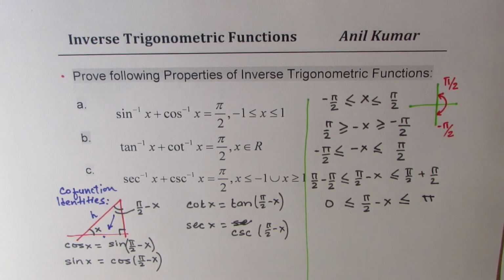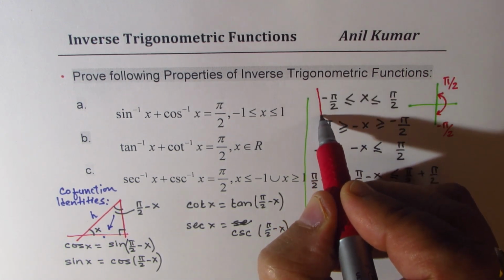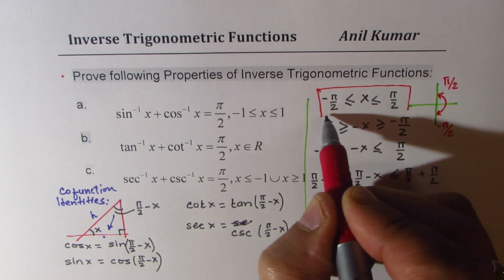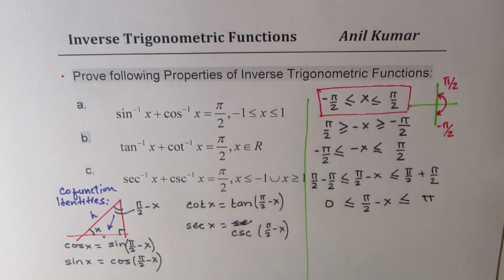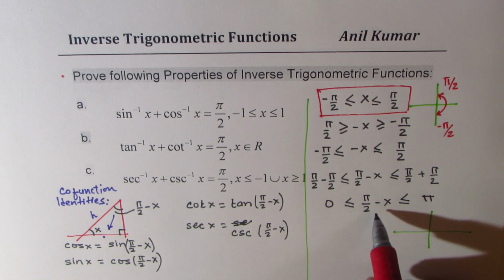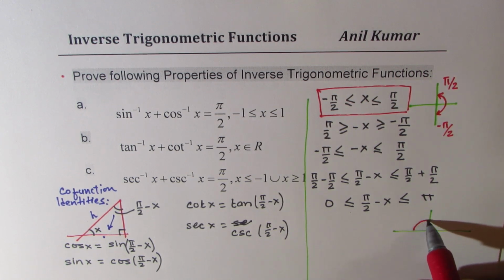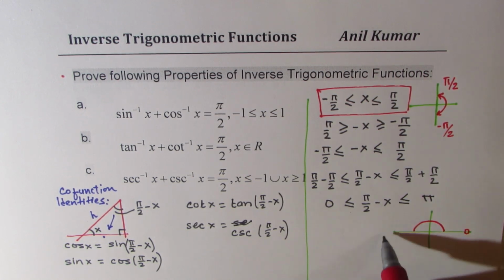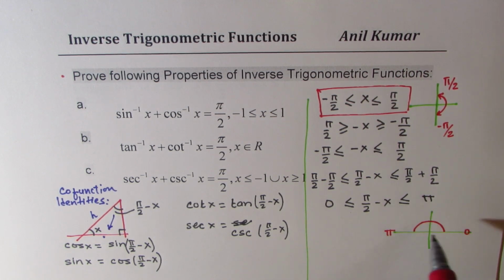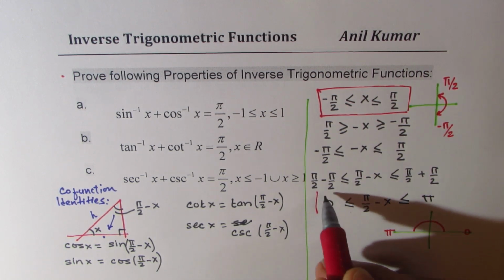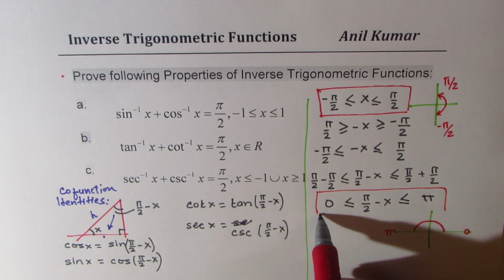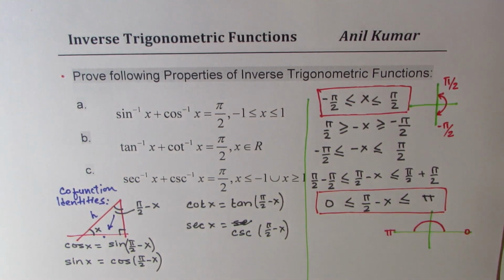So what is important to note is that when we talk about x between minus pi by 2 to pi by 2, in that case, we are saying that pi by 2 minus x is between 0 to pi. Do you understand? That is for pi by 2 minus x. Is that clear? So I want to make these two things absolutely clear when we begin.